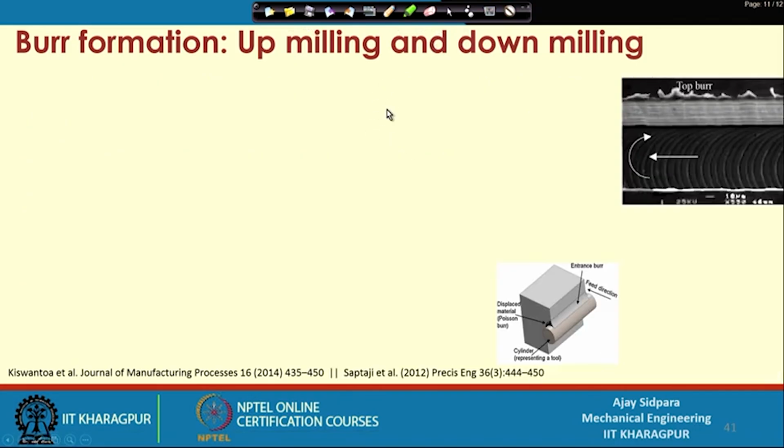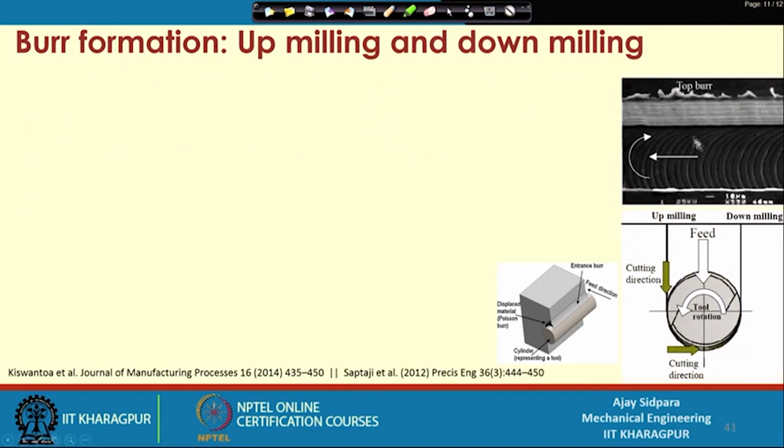And now, the burr formation again. In this case you can see the machined channel made by a vertical milling cutter, and you can consider it is moving in this direction. Now, this is the cutter movement, so let us draw the cutter here.